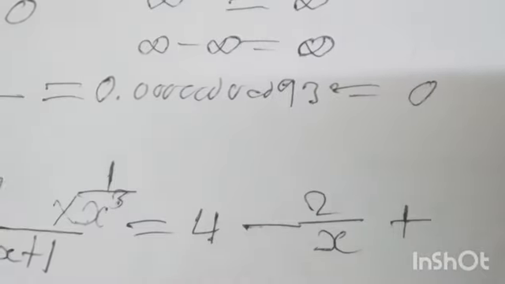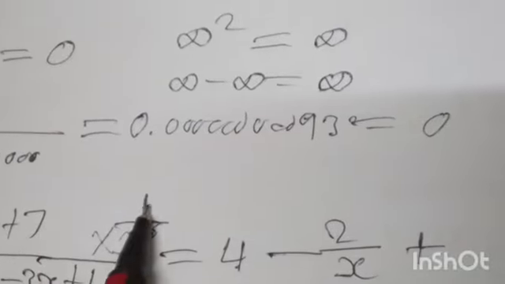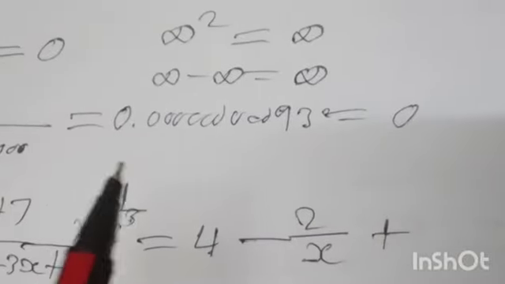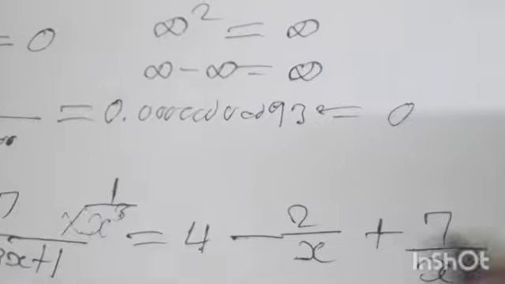Plus 7 multiplied by 1 over x to the power 3. 7 is a constant, so it remains 7 over x to the power 3.